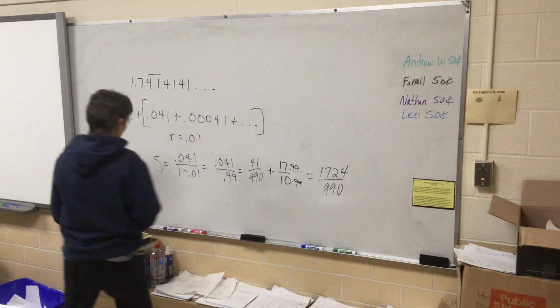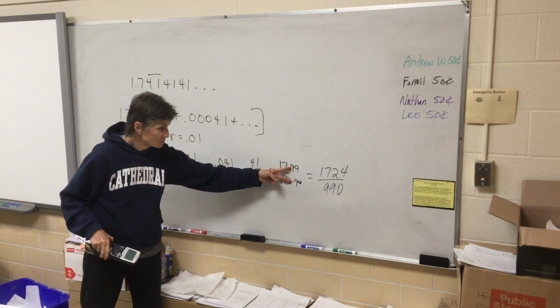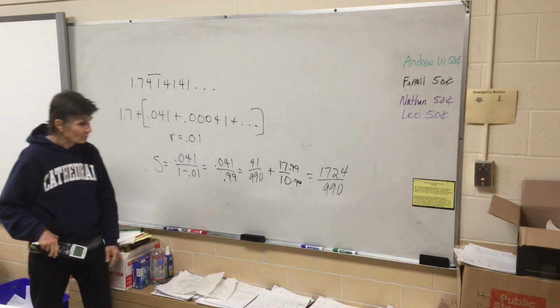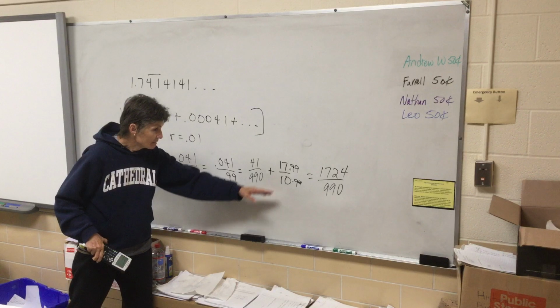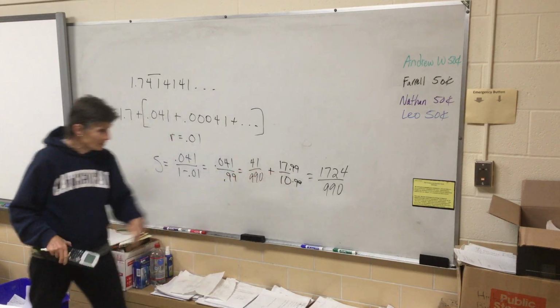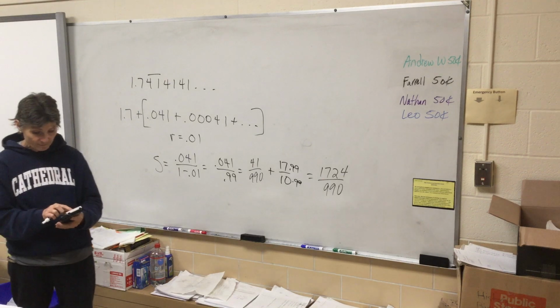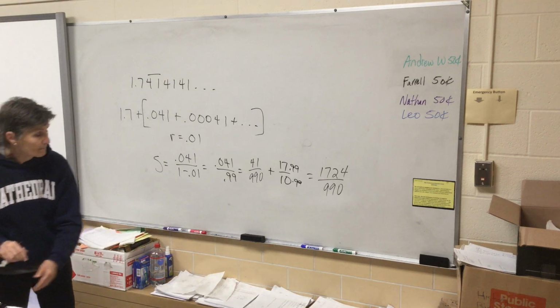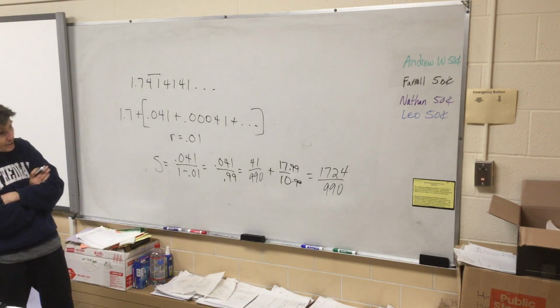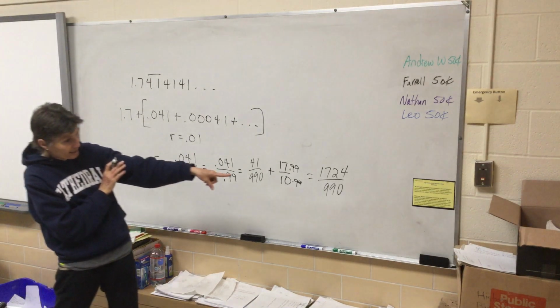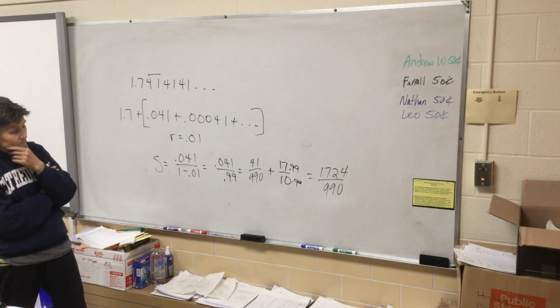So I had to get a common denominator by multiplying this one by 99 over 99. So I got 990 down there. So 17 times 99 plus 41, I think is 1724. Does that reduce? That's my final answer as soon as I reduce it.